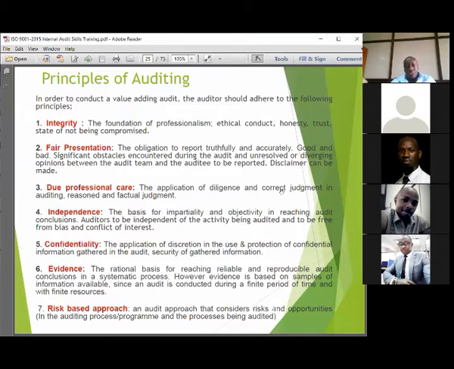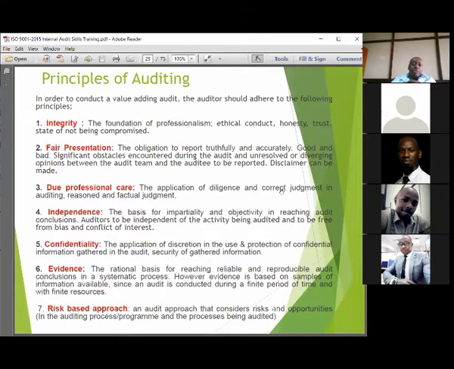Maybe the person may not be available when you want the person. Maybe the time is not favorable for both of you. So you try to sort out those issues. Then as you do the audit, as in the case study, try to look at what are the missing gaps in the risks that have been identified. Are they conclusive? Are they comprehensive?